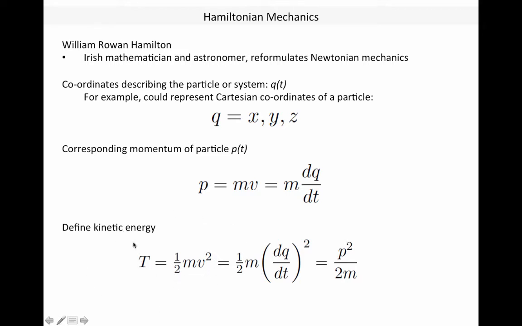We generally call kinetic energy T, capital T. A half mv squared is just a half m (dq/dt) squared. And we can also rearrange and write v in terms of p. So T is equal to p squared divided by 2m.